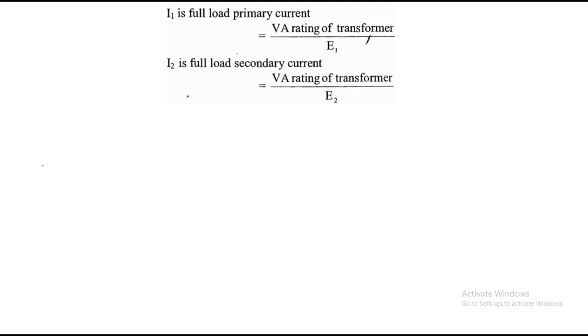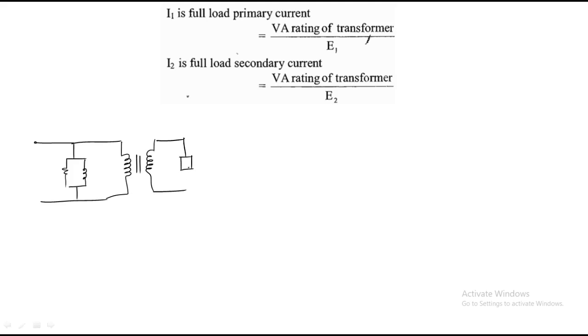Then how can we calculate the full load primary current and full load secondary current? So what is the equivalent circuit of a transformer? There is a load, right?